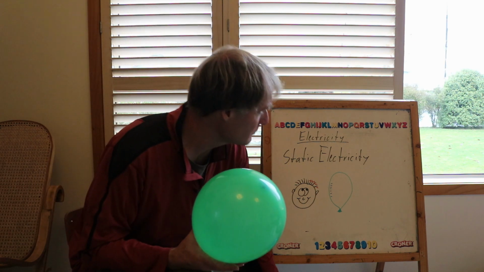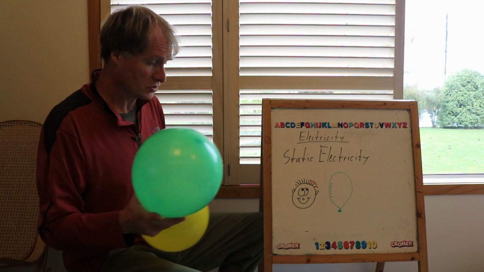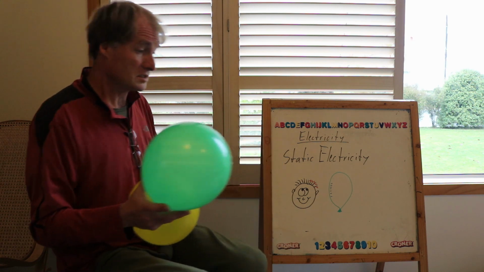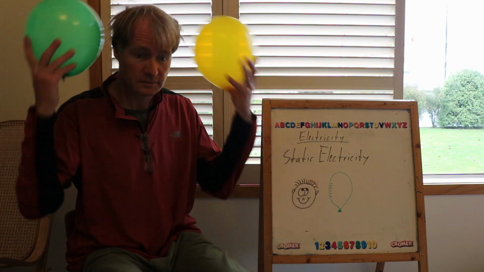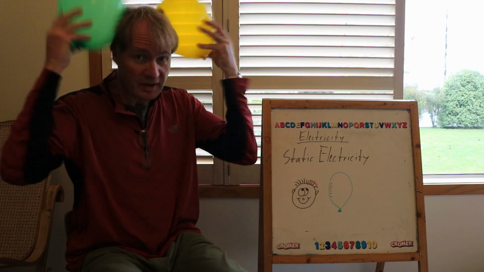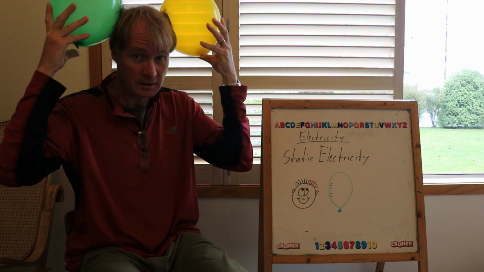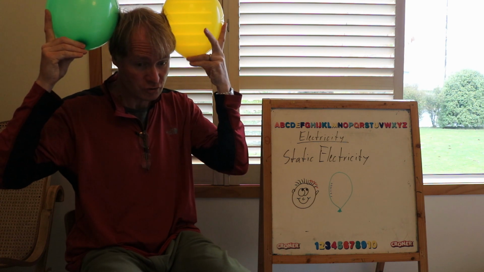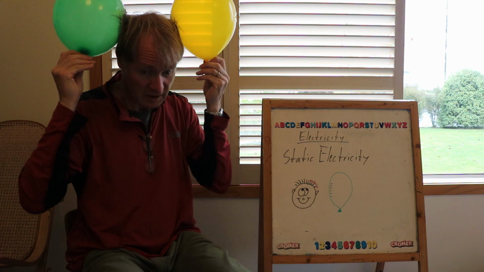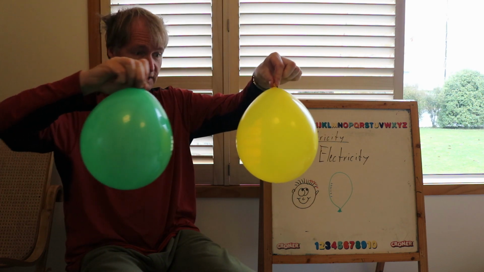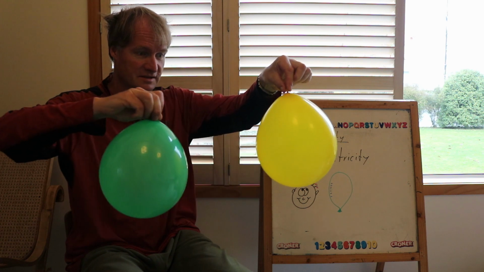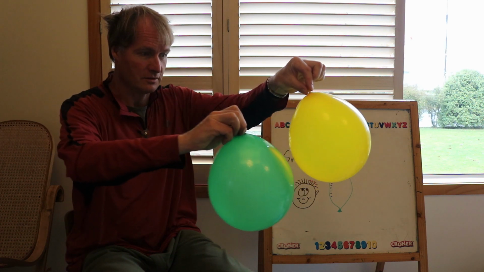Now, it's a very rainy day out there, so I'm not quite sure whether I'll manage to demonstrate this. Okay, two rubber balloons. I'm rubbing them both against my hair, so they should both have the same charge now. And if I now bring this, yes, it just works a little bit. Here we go.